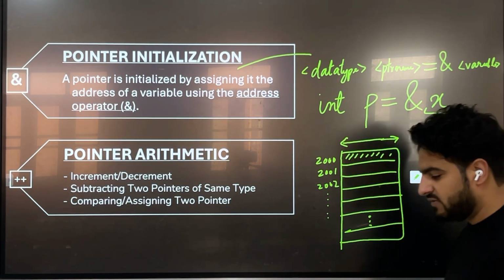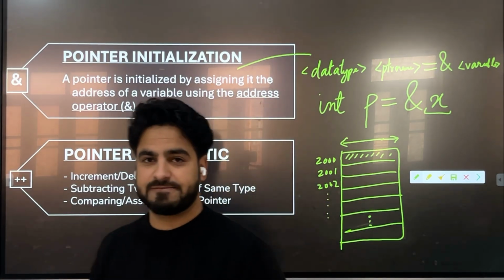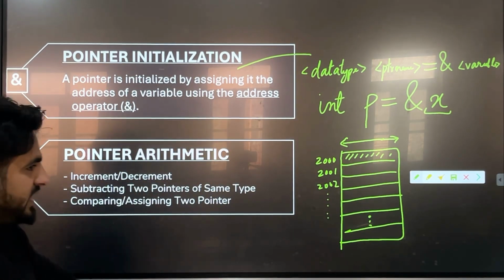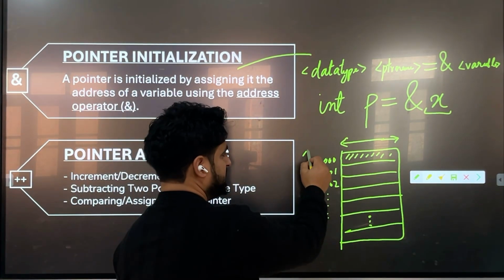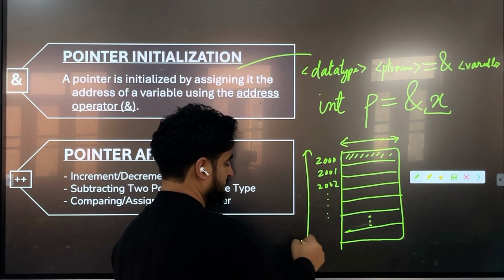The length of the data will also depend on the type of the machine, okay? And the number of addresses that are addressable will also depend on the type of machine.